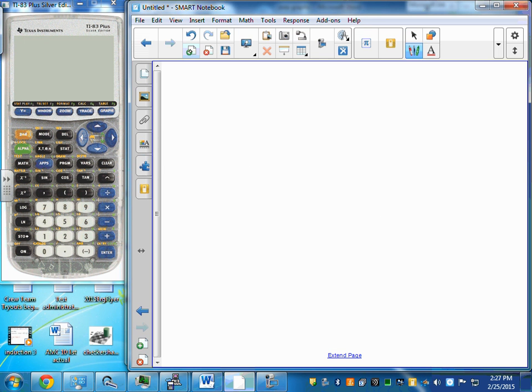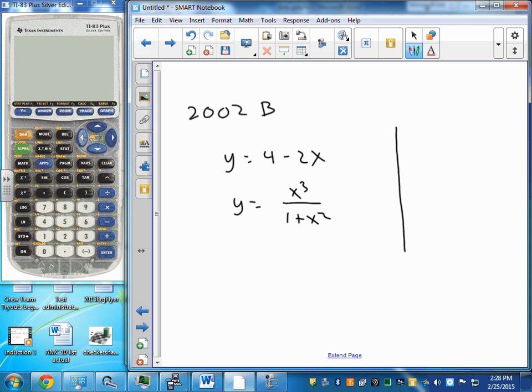So 2002B, again, y is 4 minus 2x, and y is equal to x cubed over 1 plus x squared. They don't give us any scale on the axis, but they do give us a picture. And so the first thing you should do is to try to duplicate this picture on your calculator.